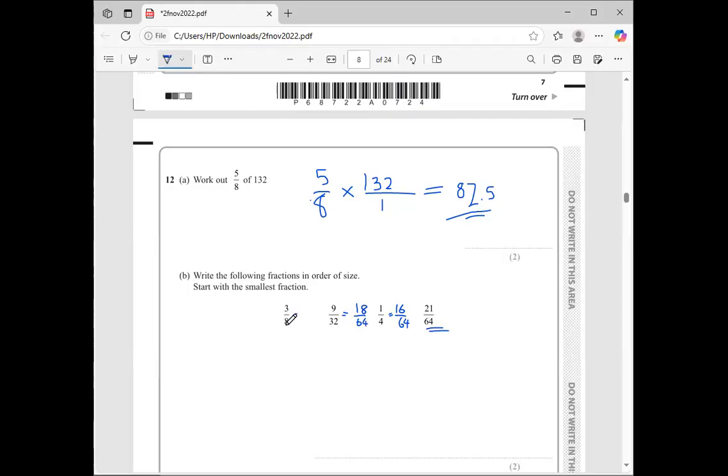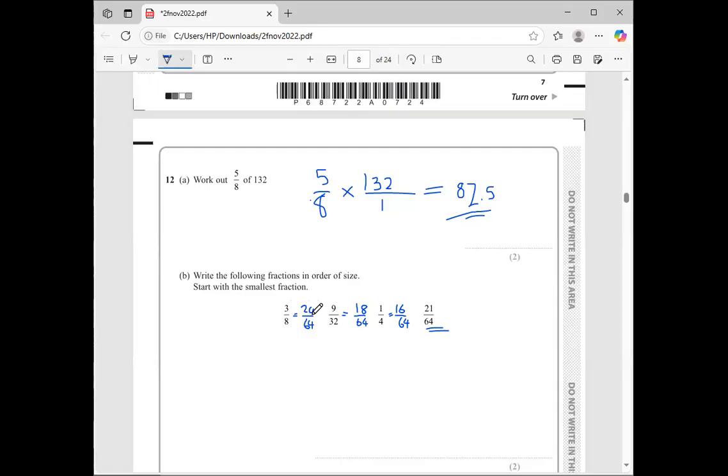Finally, how do you get 64 from 8? 8 times 8, isn't it? Do we agree? Yes. And you must do the same thing to the top. 8 times 3, which is what? 24.